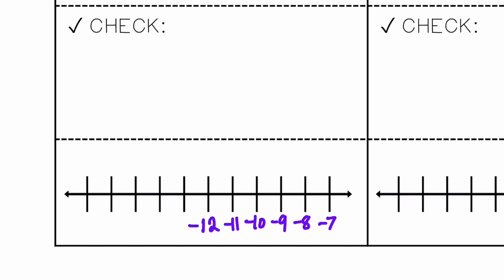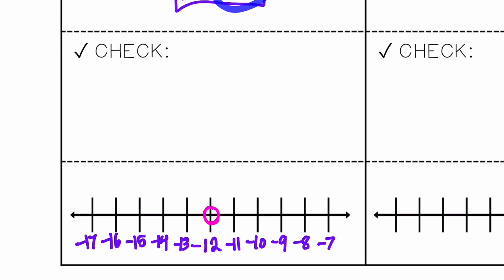And if I go in the left direction, my numbers seem to get bigger: negative 13, negative 14, negative 15, so on and so forth. Here is where my first dot is going. That's my reference point at negative 12.